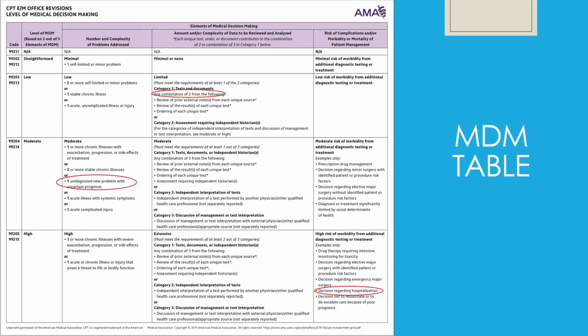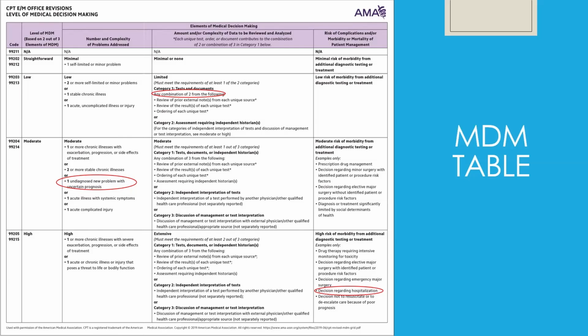In our data column, we have 2 ordered tests that were also reviewed. That gives us 2 data points. And then we have the decision to admit for observation overnight, which is decision regarding hospitalization.